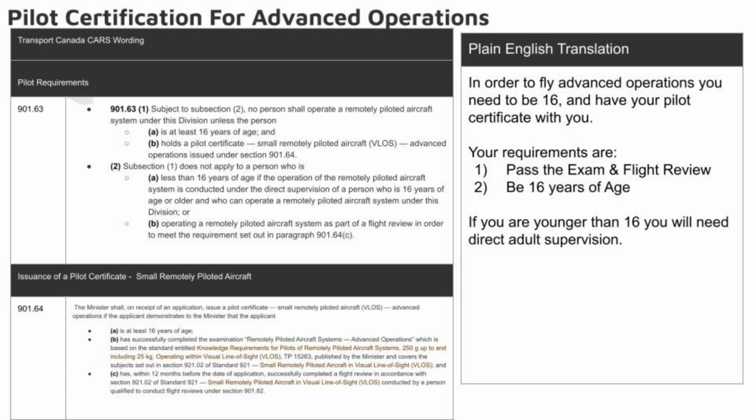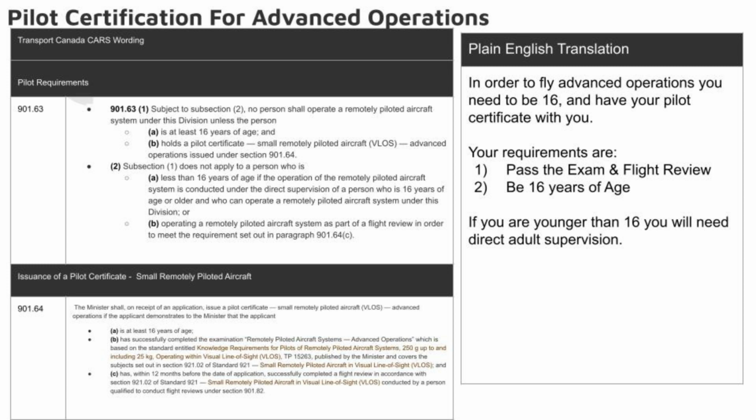The requirements are to pass the exam and flight review, and you need to be 16 years of age. If you're younger than 16, you will need adult supervision. So that's what 901.63 and 901.64 are covering: minimum age, passing the exam, and flight review to operate within the structure.